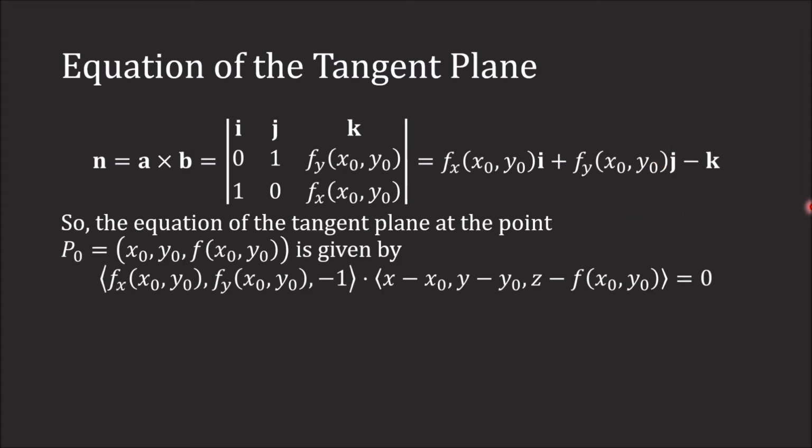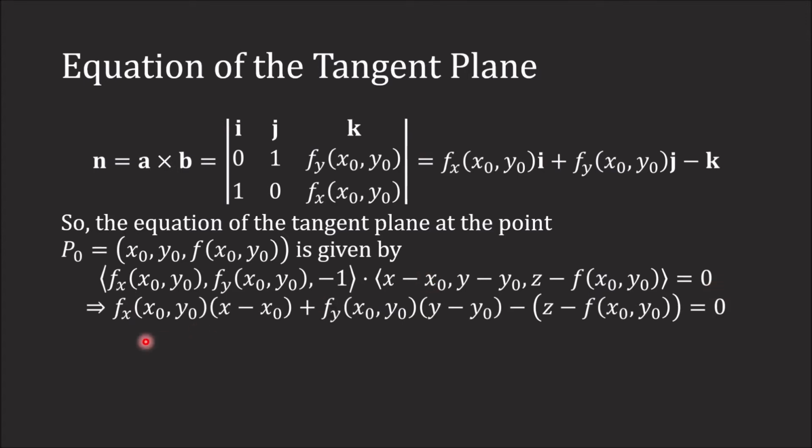So the equation of the tangent plane at the point x naught, y naught, f of x naught, y naught is given by this vector dotted with x minus x naught, y minus y naught, z minus f of x naught, y naught, is equal to 0.